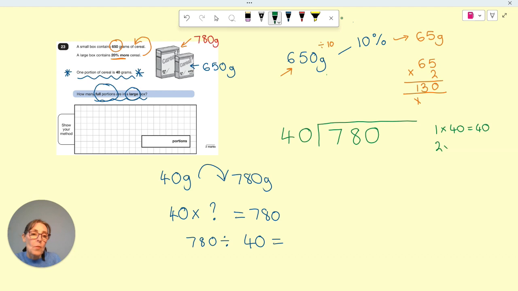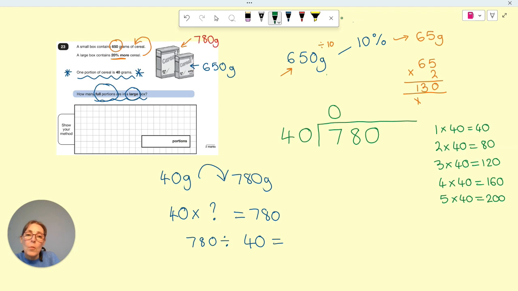Just put a few facts up here to help me. 40s into 7.